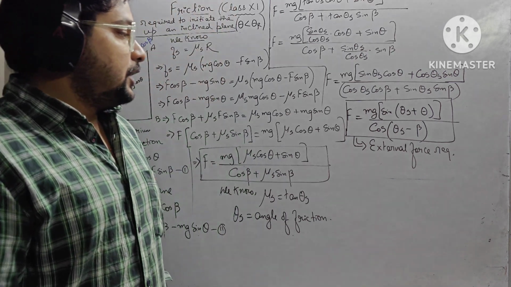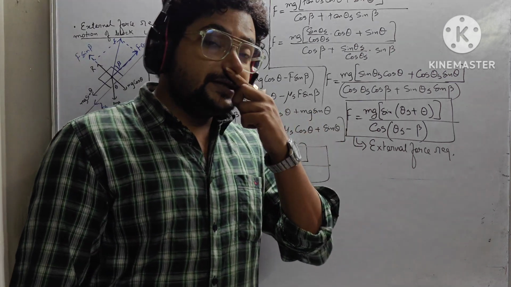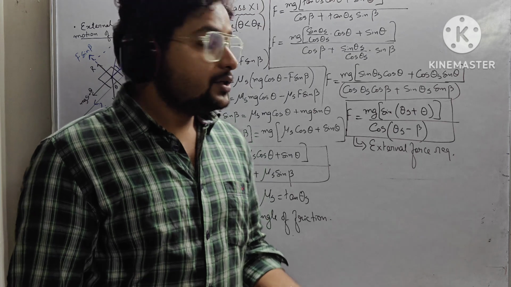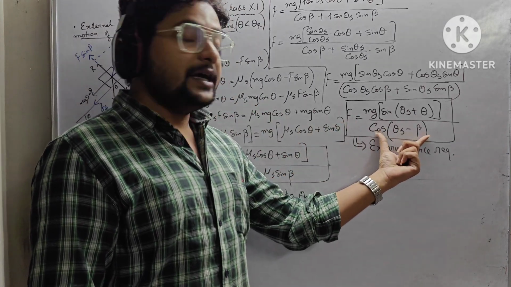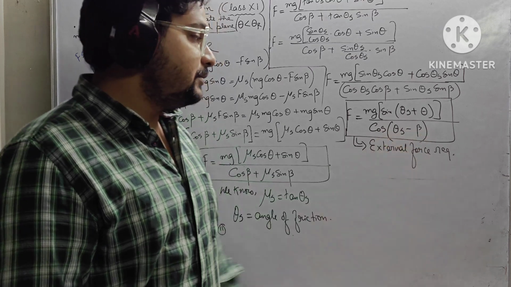Fine. Now, how to find out which is the minimum force that I will require? So as I said earlier, F will be minimum if cos theta s minus beta will be maximum. Okay.